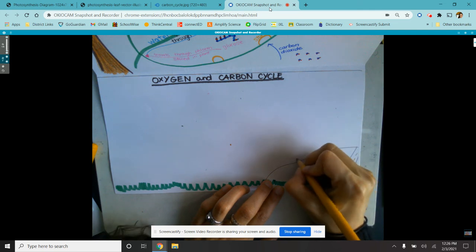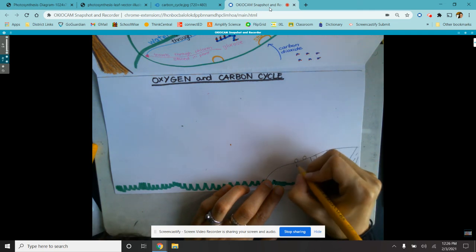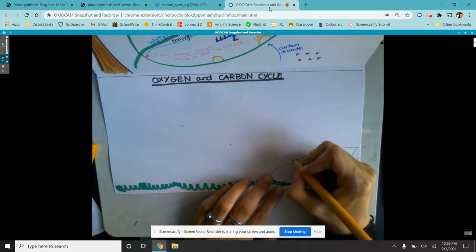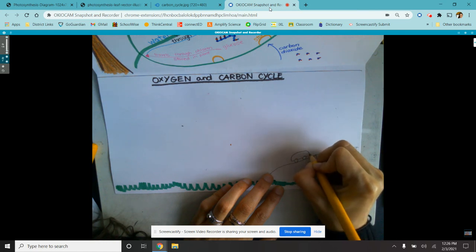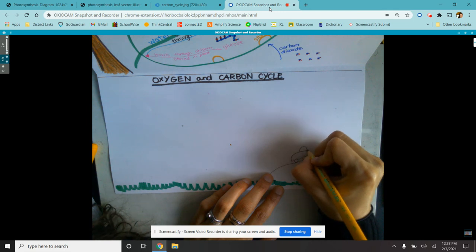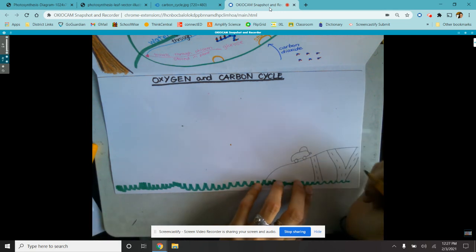And my little car. I'm sure there's many artists who can draw much better cars than I. Our exhaust, make sure we get that.